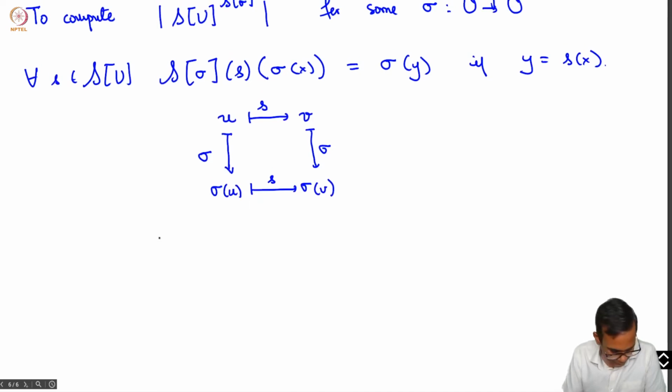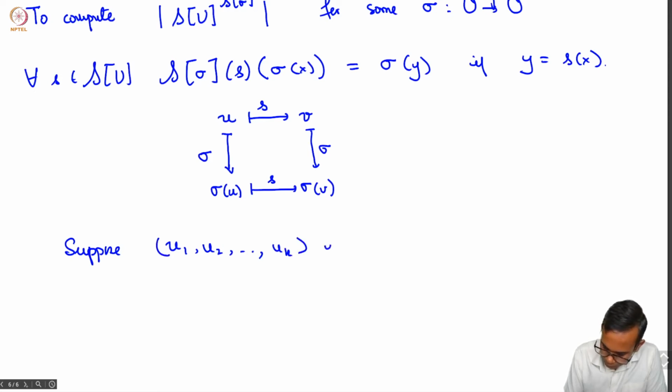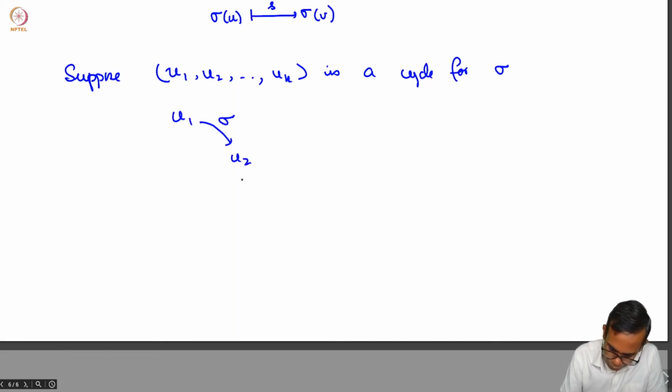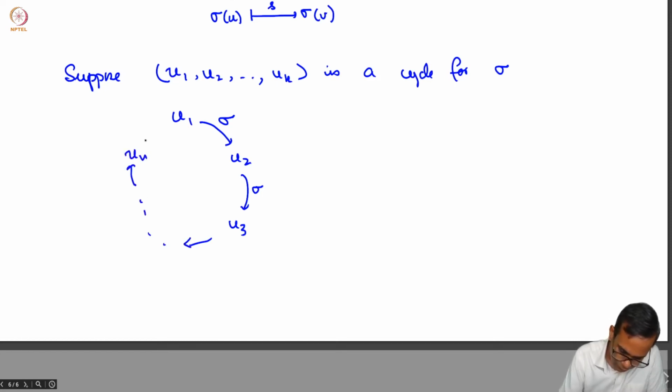Okay, what this means is that suppose we have a cycle for sigma. We can draw it like this: u1, then under sigma it goes to u2, under sigma goes to u3, and so on, up to uk, and that goes back to u1. And suppose we let v_i be s of u_i.